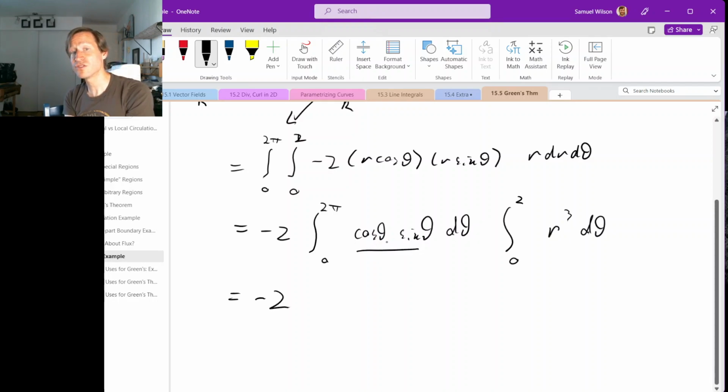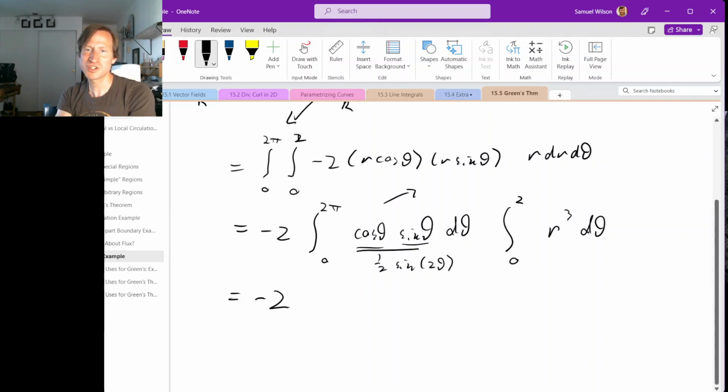You can either use trig identity, so it turns out this is equal to 1/2 sine of 2 theta, or you could do a little u substitution because the derivative of sine theta is cosine theta. Just for variety, let's do the u substitution.